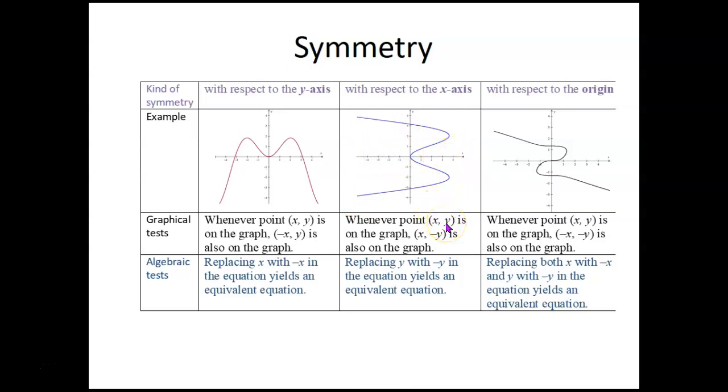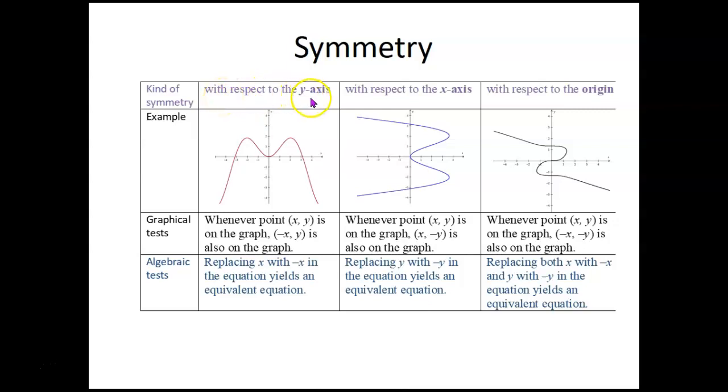Graphically, that means that whenever a point (x, y) is on the graph, (x, -y) is also on the graph, the point with the same x-coordinate, but the opposite y-coordinate. And algebraically, when you're working with the equation itself, that means that replacing y with -y in the equation gives you an equivalent equation. It simplifies down to the same equation you started with.